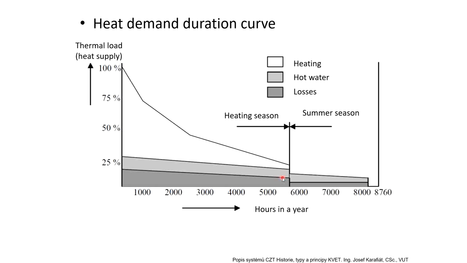In the heating season, at the beginning of the heating season, the losses are relatively higher because all of the system is at higher temperature, but you don't need that much of the heat. While in the highest heat demand, the absolute value of losses is a little bit higher, but the relative value of the loss is much smaller.